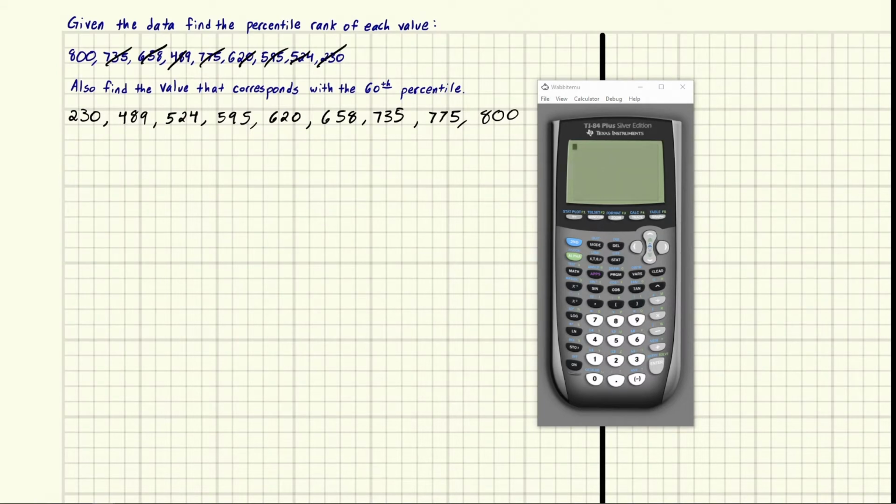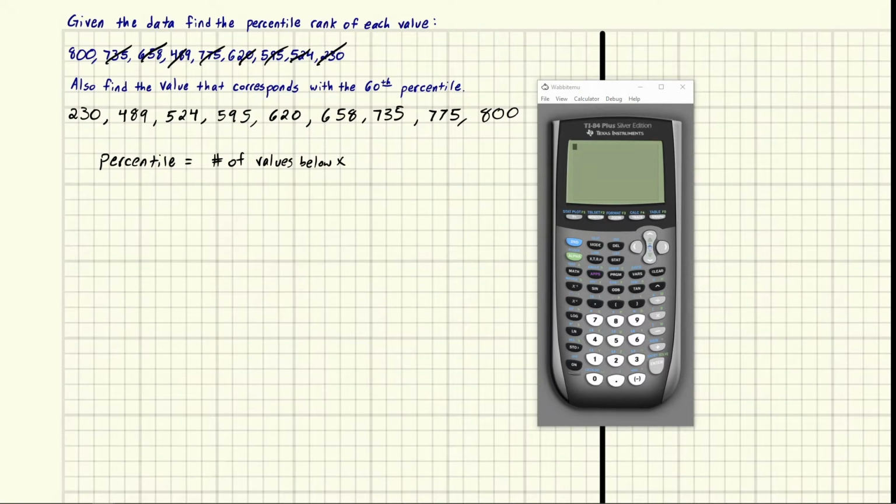Okay, so we've got our data in order. Now to compute the percentiles, the formula is: the percentile is equal to the number of values below x, plus 0.5, divided by the total number of values.